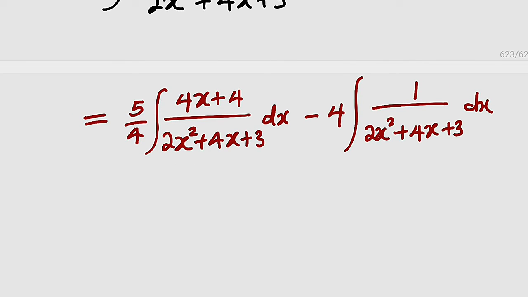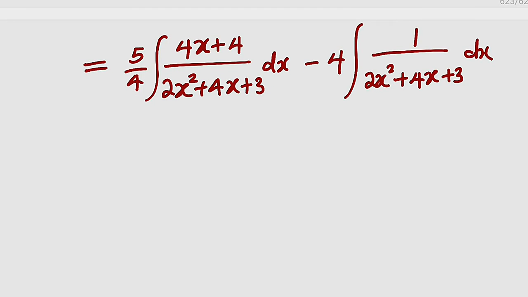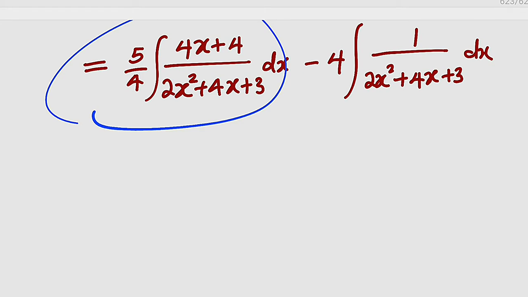Let me start with this one. Because if we differentiate the denominator, we are going to obtain this numerator. Therefore, the solution to this problem is just what? The natural log of the absolute value of our denominator. That is what you should remember from elementary calculus. Therefore, let me bring this one separately.